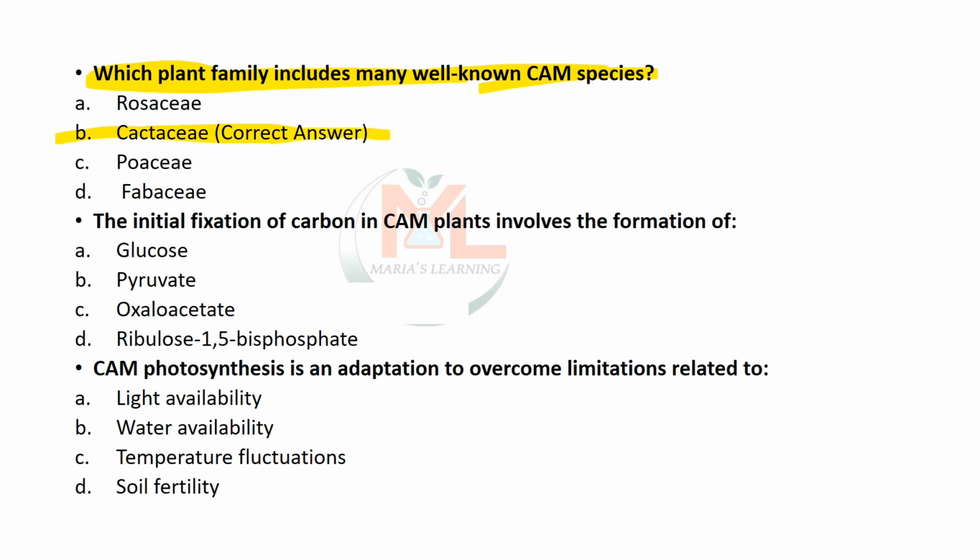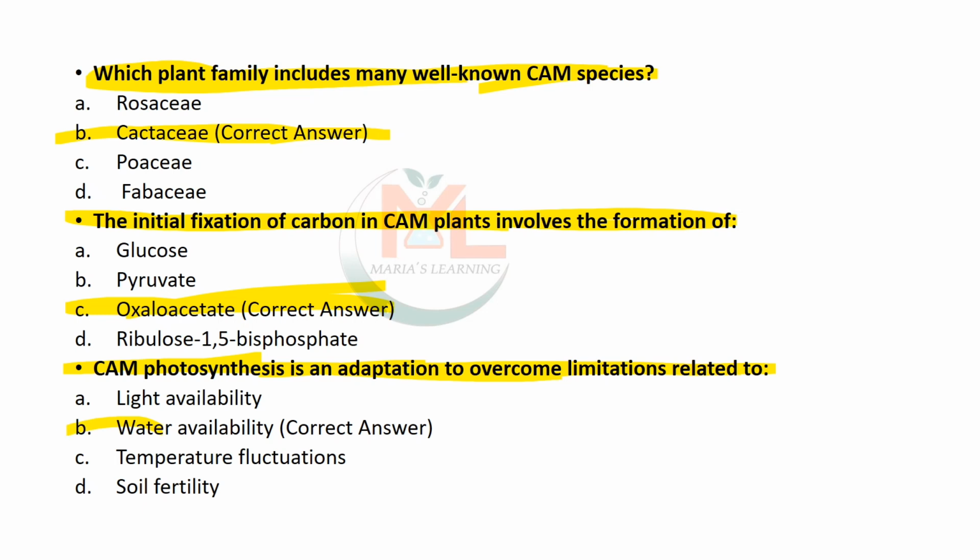The initial fixation of carbon in CAM plants involves the formation of which molecule? The right answer is oxaloacetate. Next question is CAM photosynthesis is an adaptation to overcome limitations related to water availability.